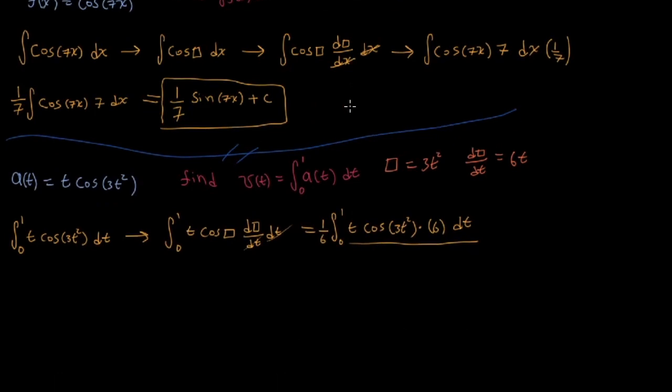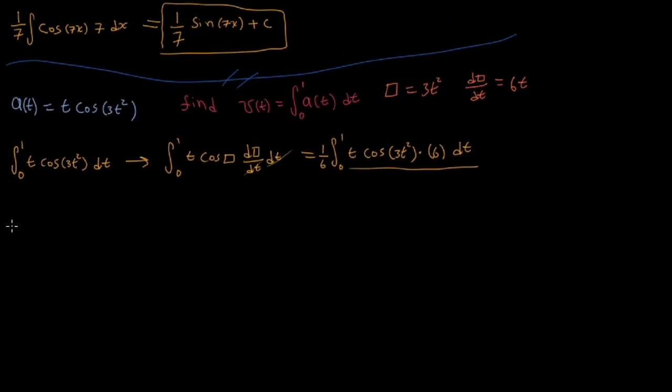So what that will give us is 1 over 6 times sine of 3t squared, from the interval of 0 to 1. And what that gives us is 1 over 6. So we're just going to substitute our numbers in.